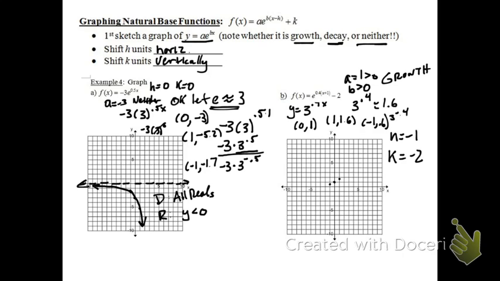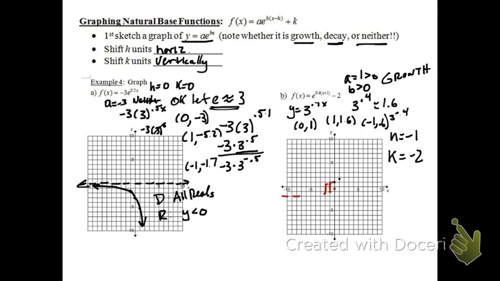So let's do that. If we move it, and maybe I'll use a different color for my final function, if I go to the left 1 and down 2, I'm going to have that guy be about there. This guy to the left 1 and down 2 is right here, and this guy to the left 1 and down 2 will be right there.